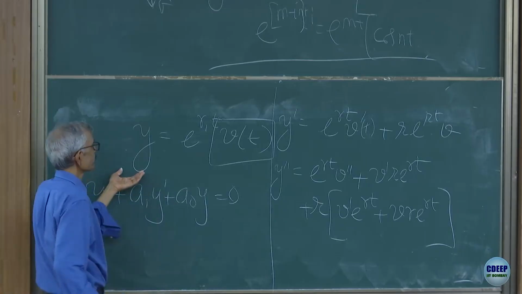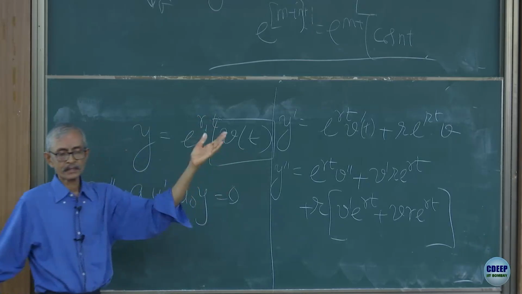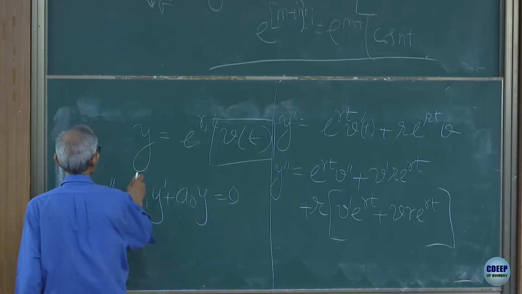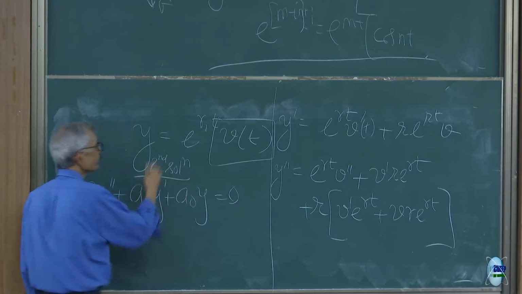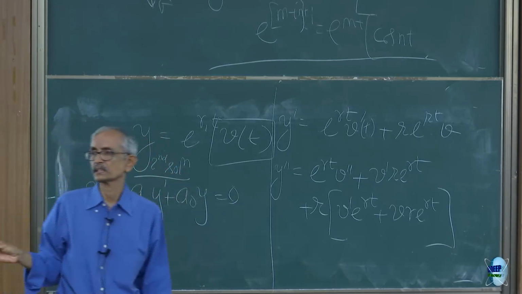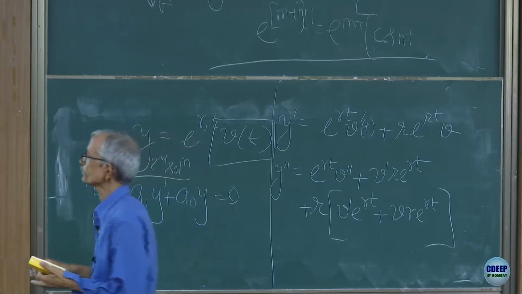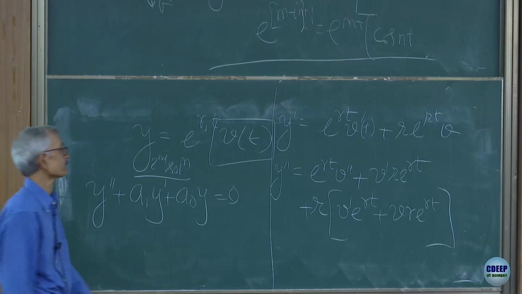So y is going to be equal to e to the power rt multiplied by something else, and we claim that this is a solution. This is the second solution. The first solution is already e to the rt. The second solution is e to the rt multiplied by some function which I as yet don't know, but I would like to figure out what that is.